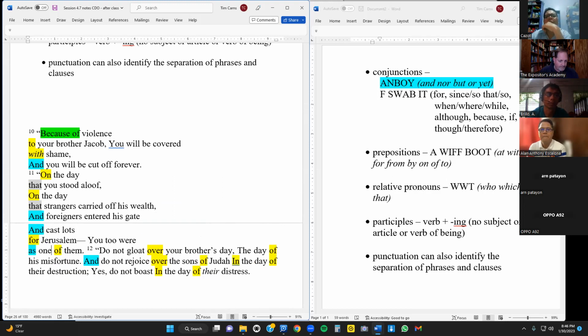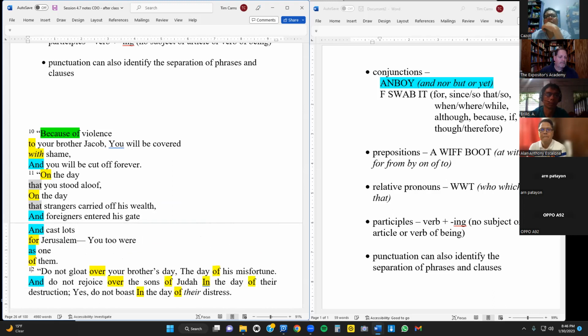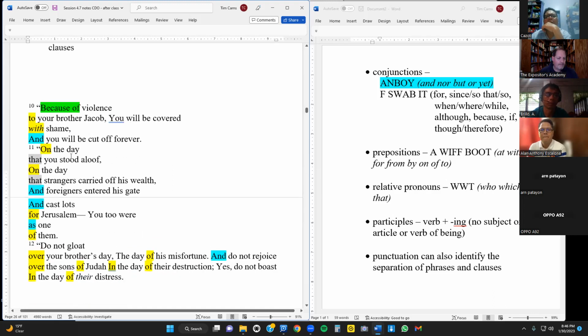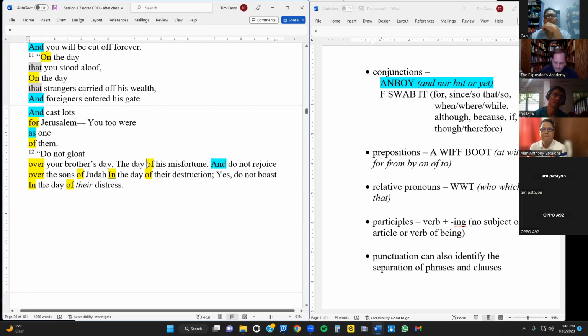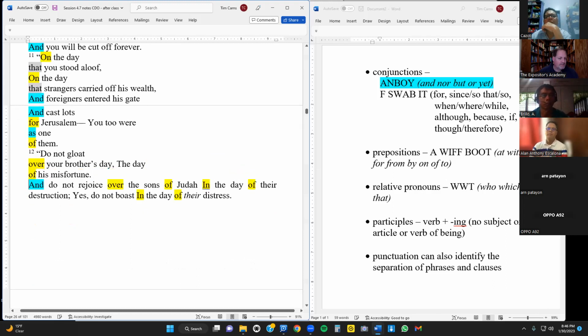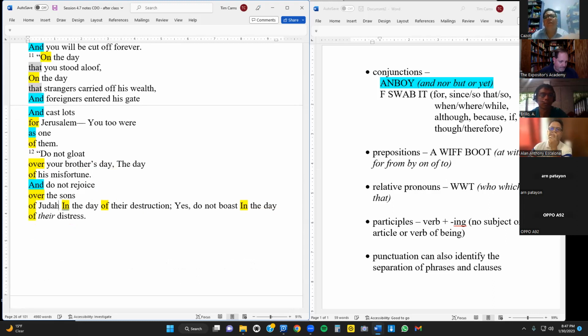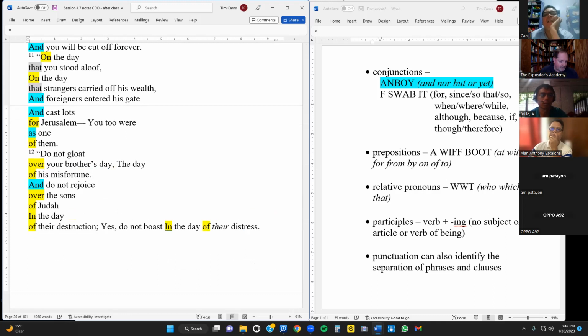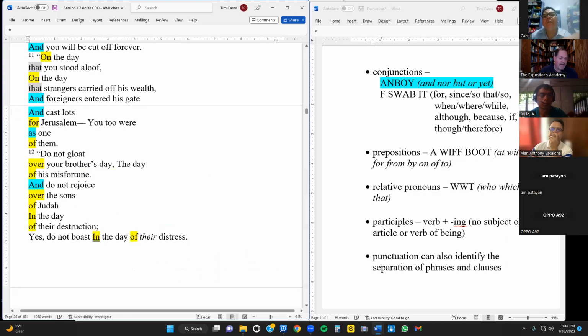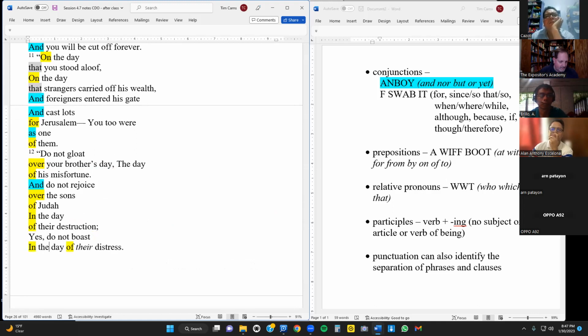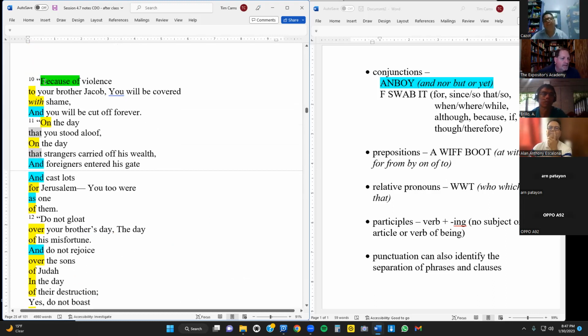Now, there's a few places here where the connector word was not put in. How about the commas, Pastor? Yes, exactly. In this case, some of the connector words are not here, but we do have the commas. For example, "because of violence to your brother Jacob," notice there's a comma here.